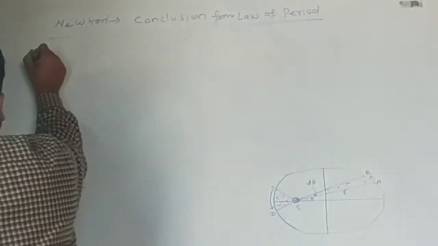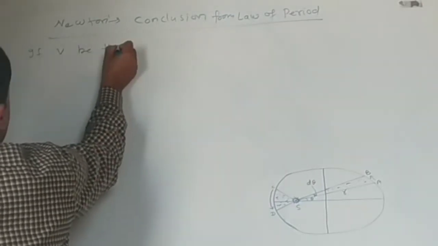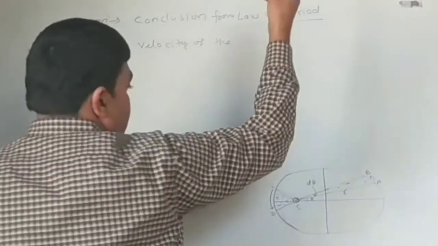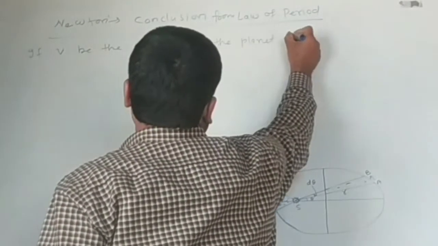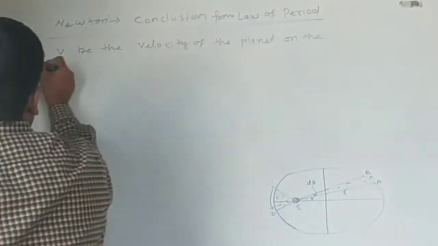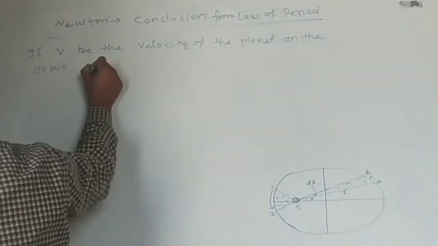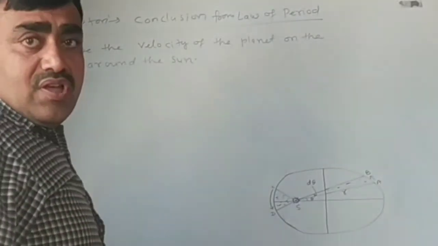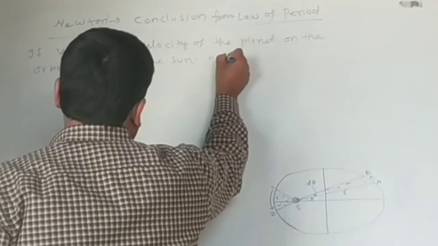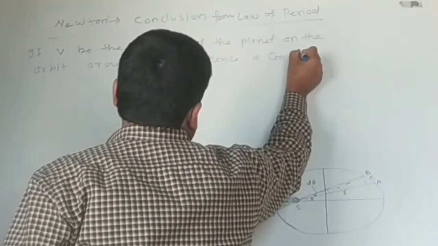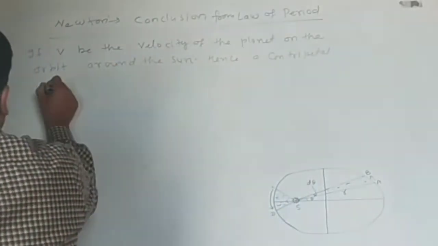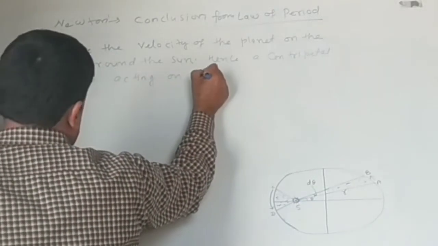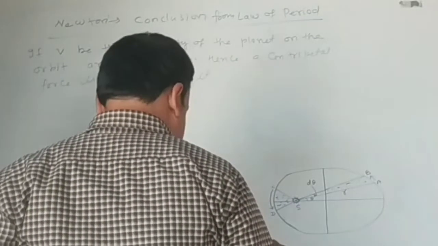Okay, if v be the velocity of the planet on the orbit around the sun, hence a centripetal force is acting on it.